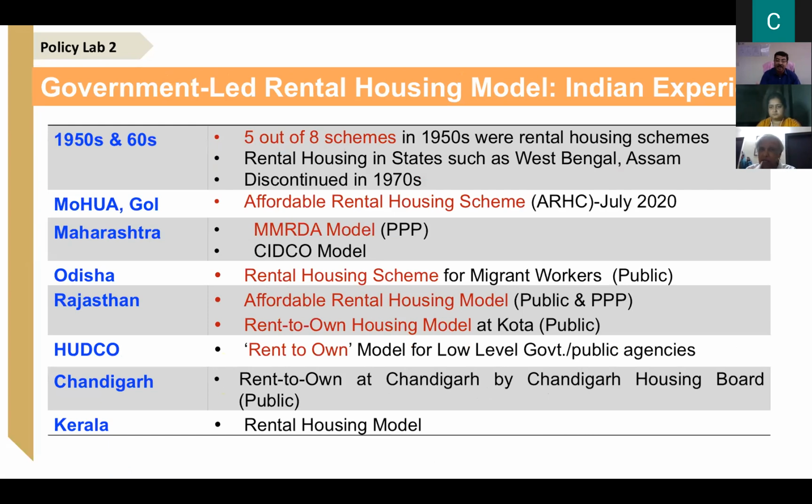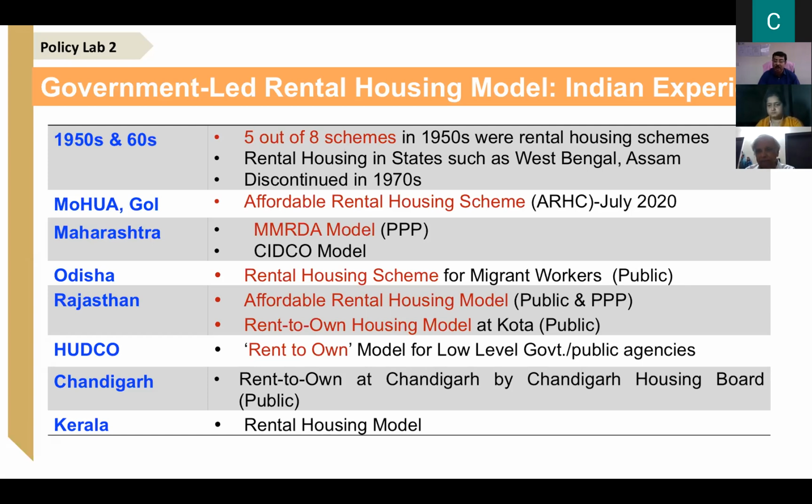But recently, before the ARHC scheme came in July 2020, there were models by Maharashtra, the MMRDA model. The Odisha government has also recently done a rental housing scheme for migrant workers. Rajasthan also has different rental housing models.